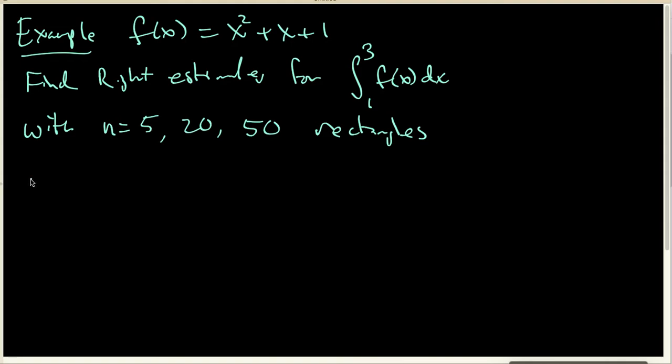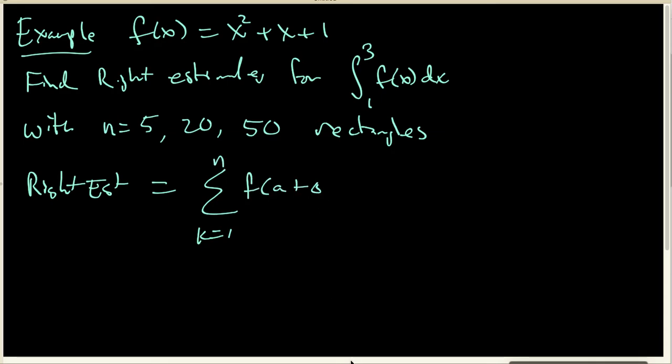So my right rectangle estimate is always going to be the sum, as k goes from 1 to n, of f of a plus k times delta x, times delta x, where the delta x is supposed to be b minus a over n.